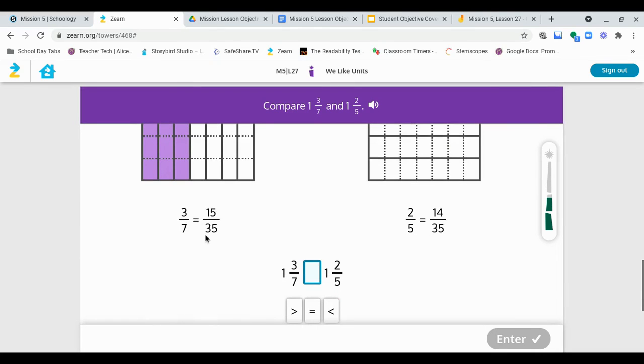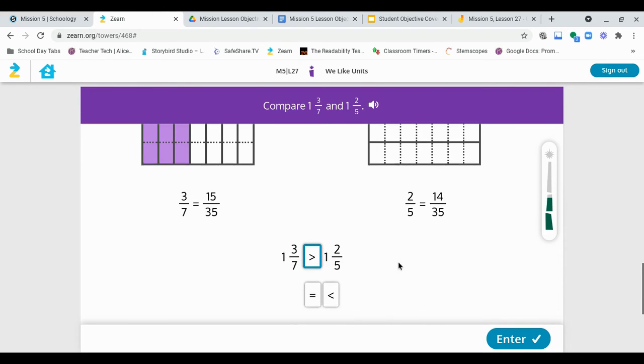Which is greater, 15/35 or 14/35? Since they have the same denominator, I just look at the numerator. 15 is greater, so the 1 3/7 is greater, because the 3/7 was equal to the 15/35.